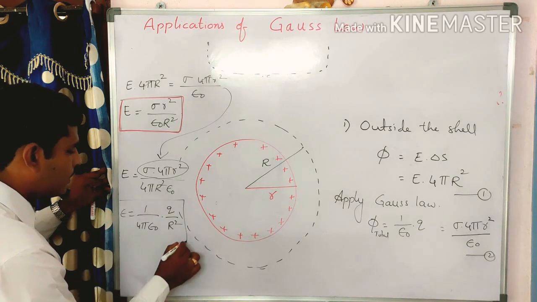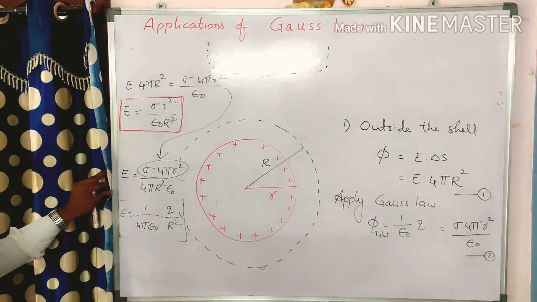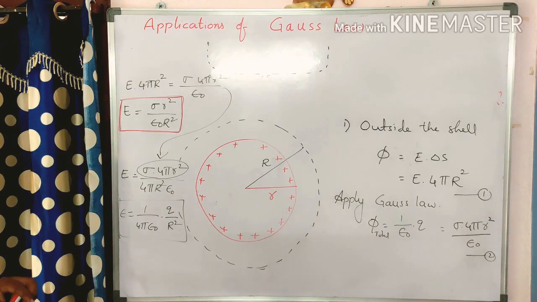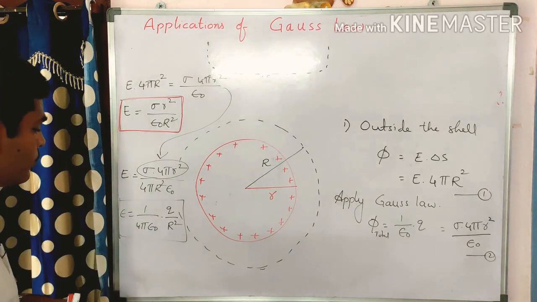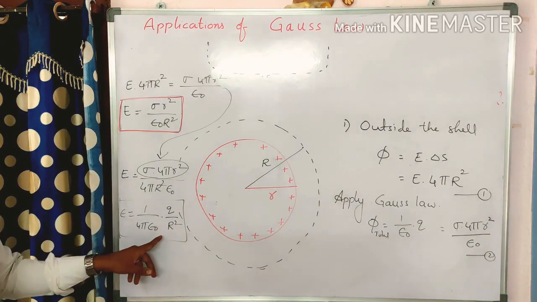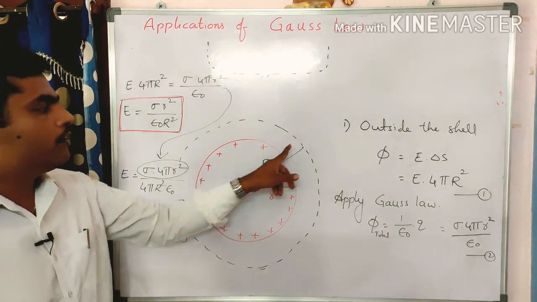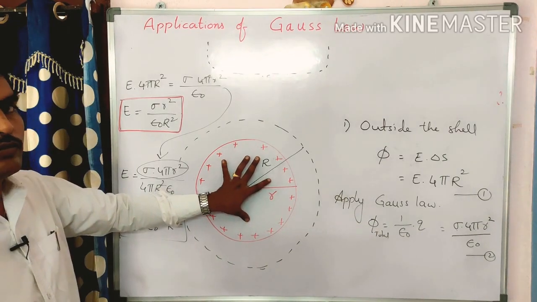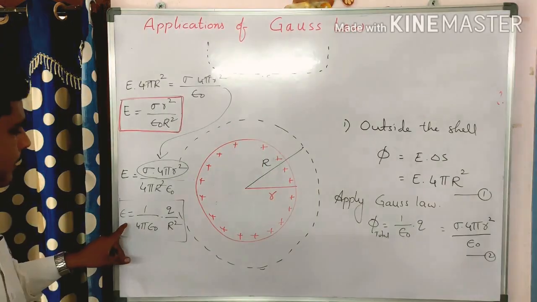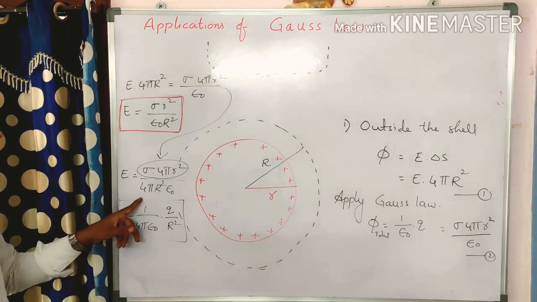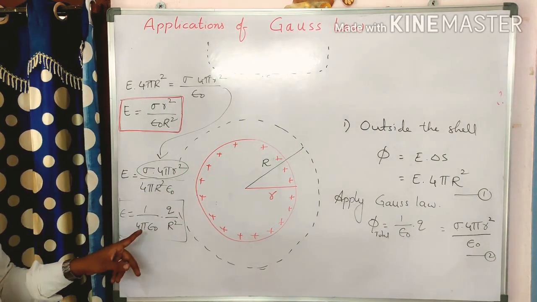This is the electric field around a charge. The formula from Coulomb's inverse square law is 1 by 4 pi epsilon naught into Q by r square at a distance r from the charge. So at a distance r, the electric field E is equal to 1 by 4 pi epsilon naught Q by r square.